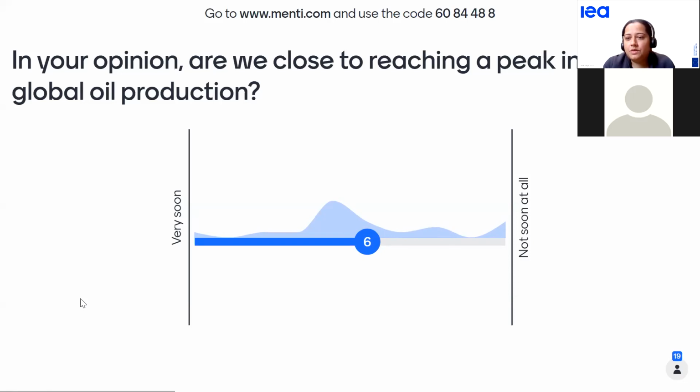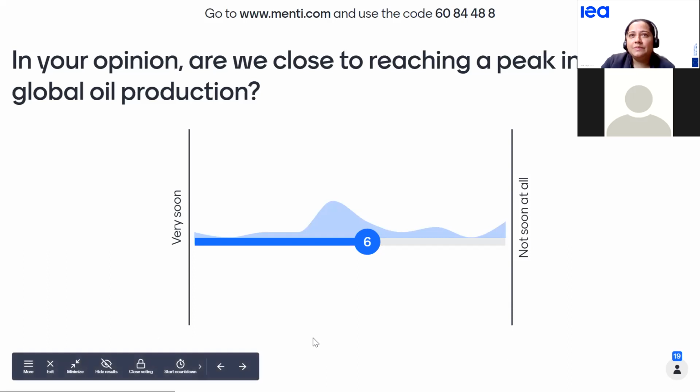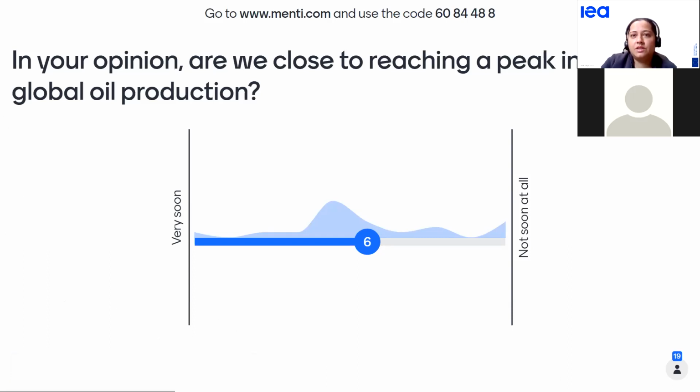We know that if we want to meet climate goals, we need to reduce fossil fuel demand. It's interesting to see that most of you think it's not very soon, but not far off either, so it's in between. Very good. Let's move to the next question now.